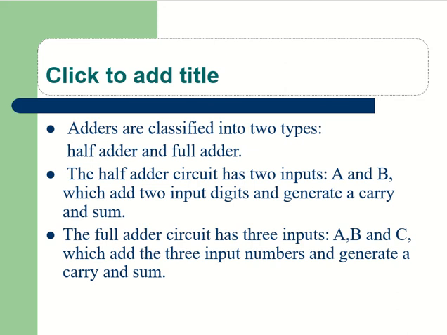Usually we name them input A and input B, and it is going to add those two variables and generate two outputs, called carry and sum. Whereas a full adder circuit has three inputs. Usually we call them A, B and C, or sometimes C in, and it is going to add these three variables and generate once again two outputs, called carry and sum.